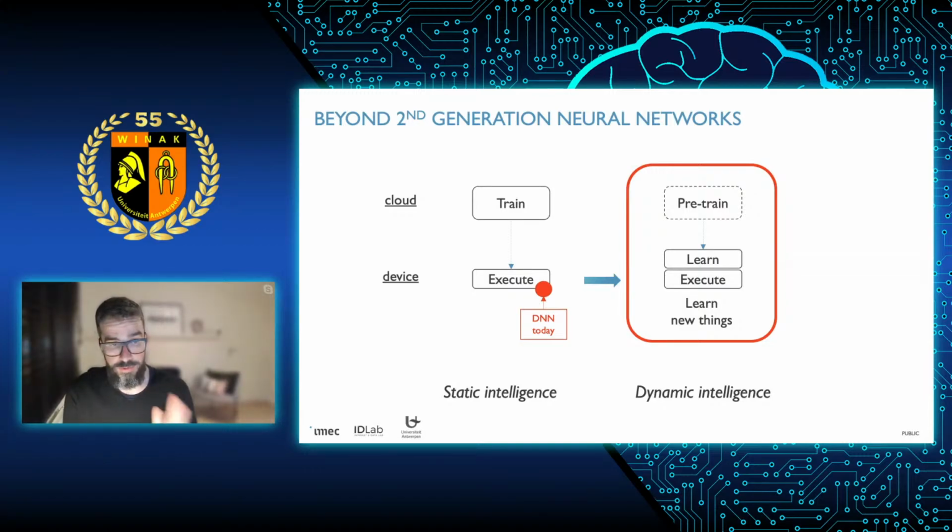If you really want to go to more dynamic intelligence, systems that are able to learn and adapt themselves, you need to do some kind of pre-training in the cloud, and you need to have a system which is constantly learning on the device as well. And we believe that the current type of systems, including those compressed neural network systems, are not going to be able to really do this continuous learning on the device as well.